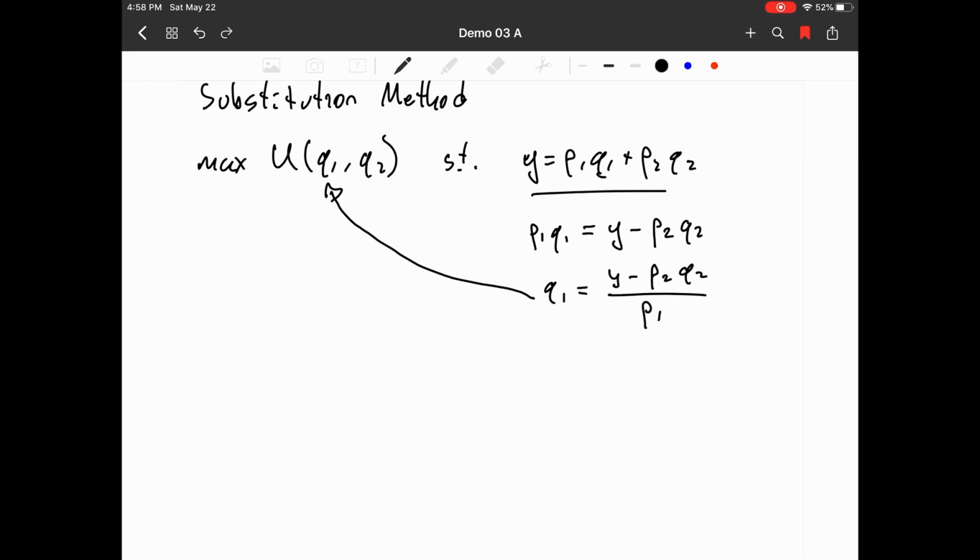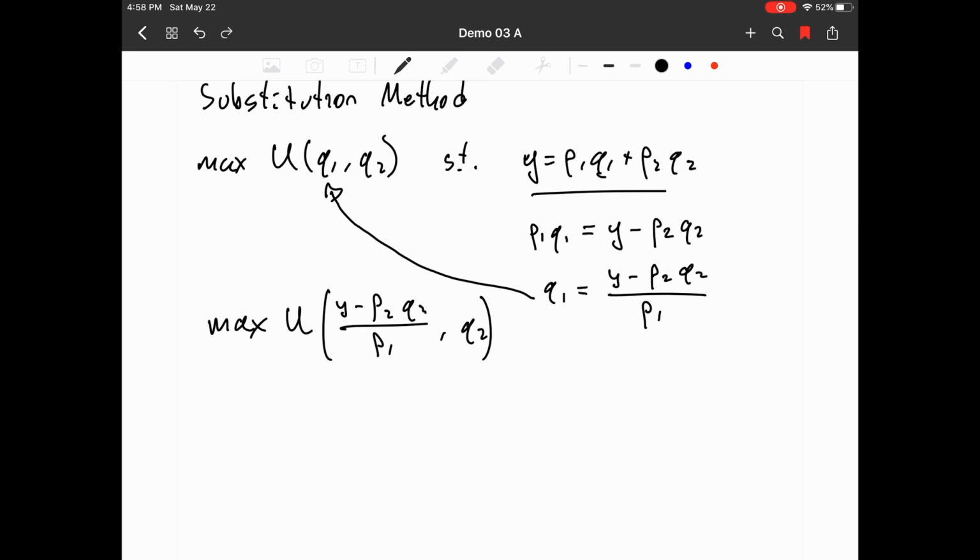Okay, so our problem now becomes maximizing over the utility function with y, p2, q2, p1, and q2. Okay.